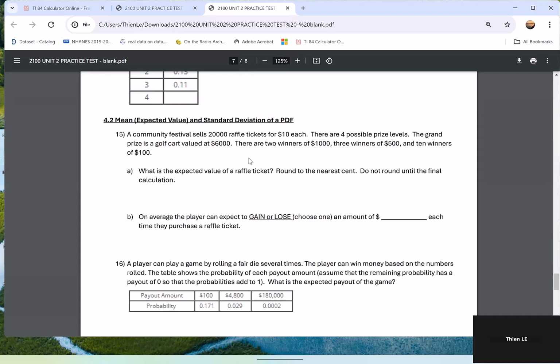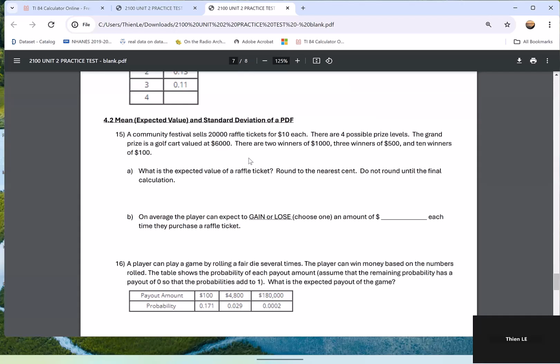So from that you can construct a probability table with the expected value of the raffle ticket, where your X can take the value negative 10 with probability the remaining chunk of not winning. In this case, 1 plus 2 plus 3 plus 10 is 16 winners.